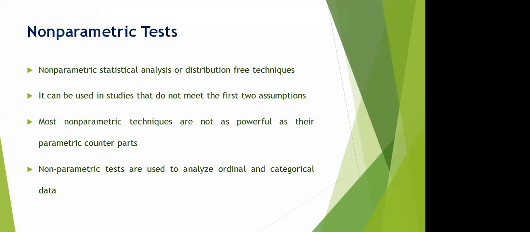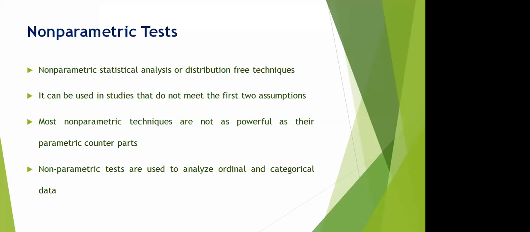Non-parametric statistical analyses are called distribution free techniques. For continuous data, to use a parametric test, we need to find whether the data is normally distributed or not. And if it is not normally distributed, we use non-parametric tests.